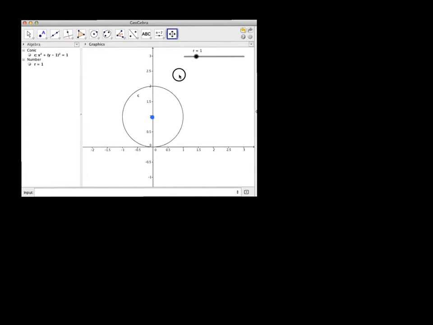So the equation of this circle is x squared plus (y minus r) squared equals r squared.